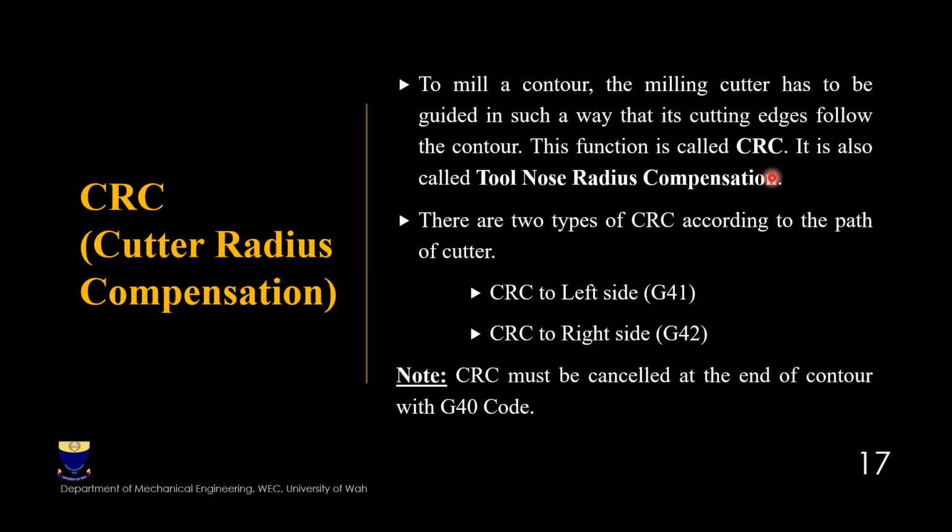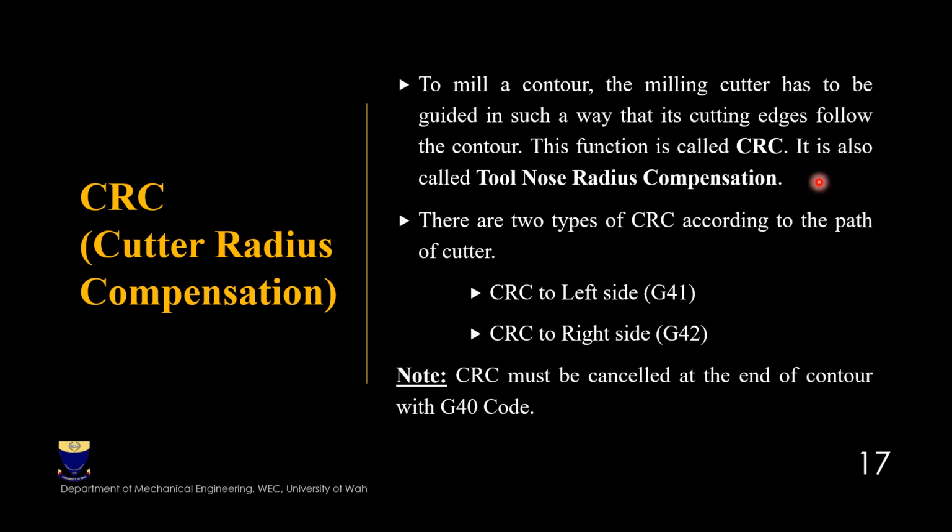Tool nose radius compensation is like this: the tool has a diameter. If you neglect that diameter while machining on CNC machines, then for example, if the milling cutter has a diameter of 10 mm, the radius would be 5 mm.